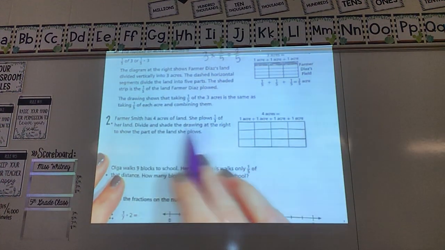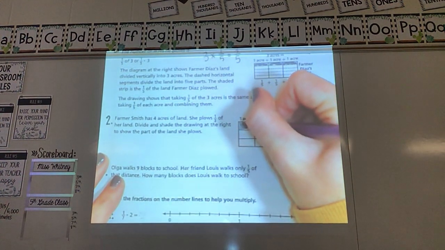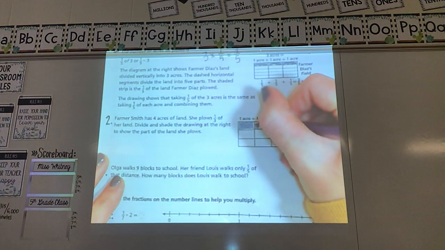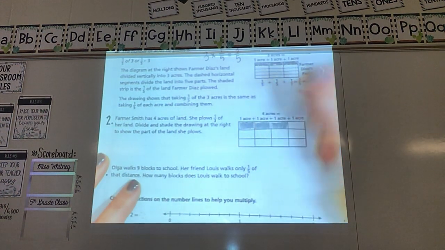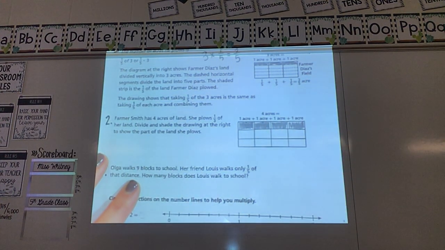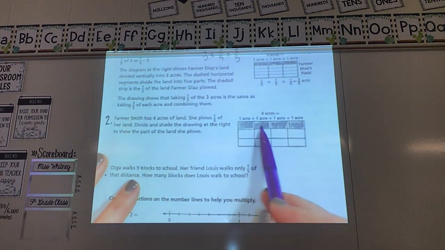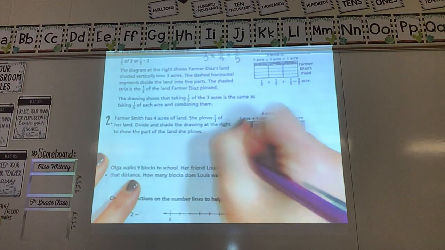And she plows 1/3. So I'm going to shade 1/3 of this acre, 1/3 of this acre, 1/3 of this acre, and 1/3 of this acre. How many thirds has she plowed? 1, 2, 3, 4. So she has plowed 4 thirds.